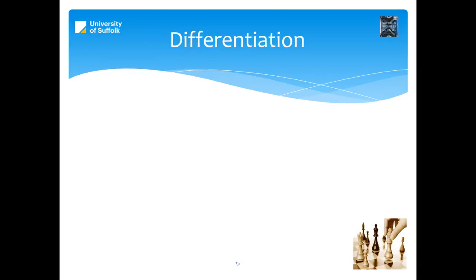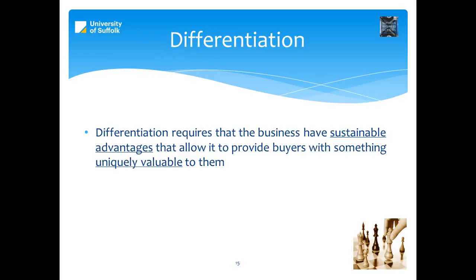So of course then, if we're thinking about differentiation, it selects one or more attributes that buyers in the industry perceive as important and uniquely positions itself to meet those needs. It requires the business to have sustainable advantages that allow it to provide buyers with something uniquely valuable to them.